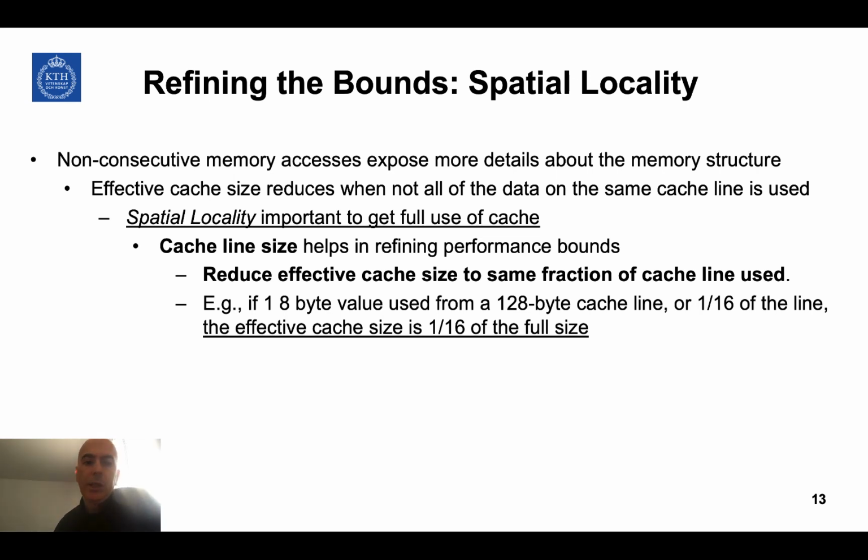So for instance, if we have one 8-byte value used from one 128-byte cache line, or one of the 16 parts of the line, the effective cache size is only 1/16 of the full size, because we are not going to use the rest of the data that has been loaded on the cache line, therefore wasting the space of the cache line.